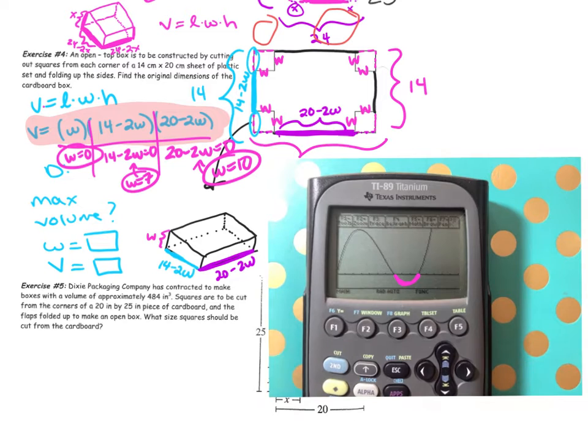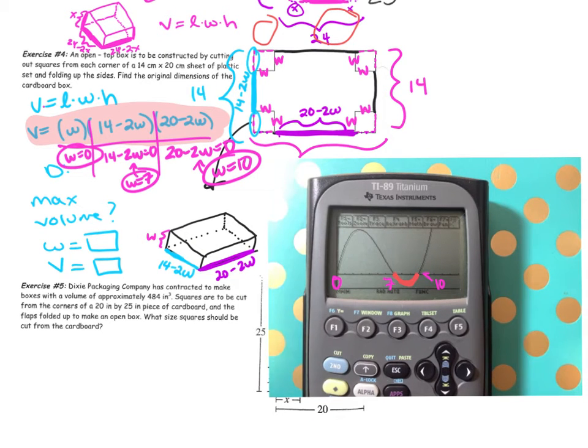So this part of the graph doesn't make any sense for us. We're trying to talk about cutting out corners from an open top box, given the dimensions we're going to size it. You can't have negative dimensions. So even though this goes from 0, that's the 0, 7, and here is the 10, we actually don't include the domain from 7 to 10. Because again, if you just look at the graph, you have negative values for x. That doesn't make any sense.